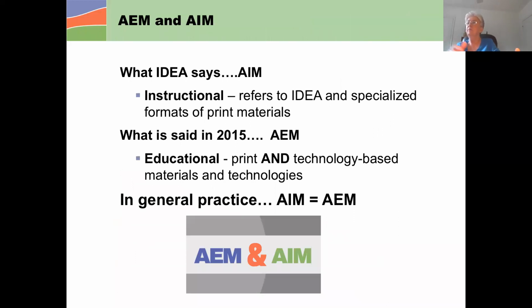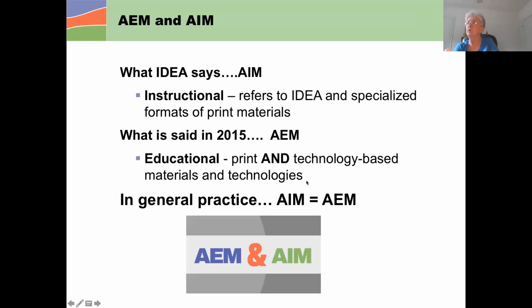Based on what Joy was telling you about IDEA, AIM refers to instructional materials in the specialized formats of print materials. Then, as Joy reviewed, in 2015 the definition changed to make it print and technology-based materials and technologies.